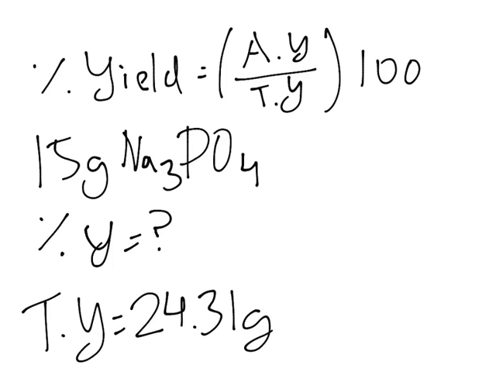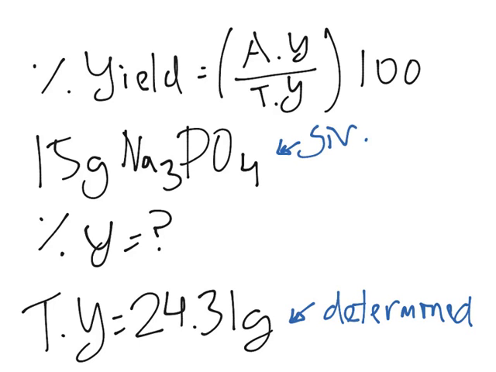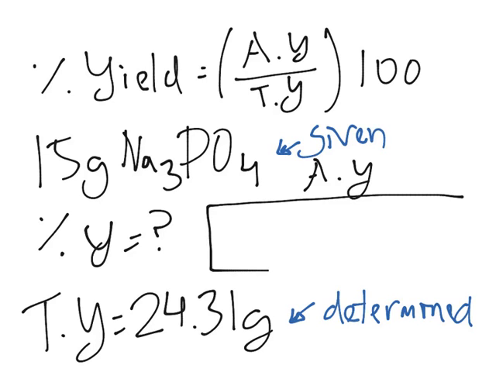So you will determine this, but this will be given, which is the actual yield. Now you simply have to plug it into the equation. I'm going to write it here. Let me make it a little rectangle.